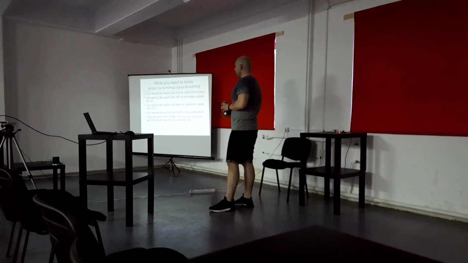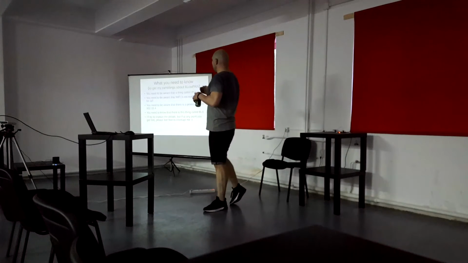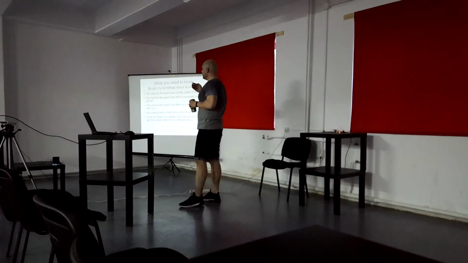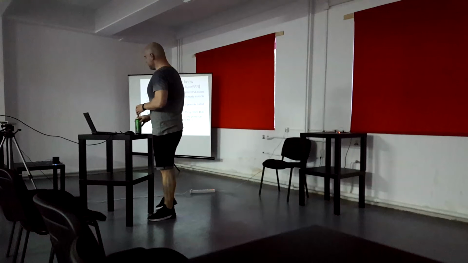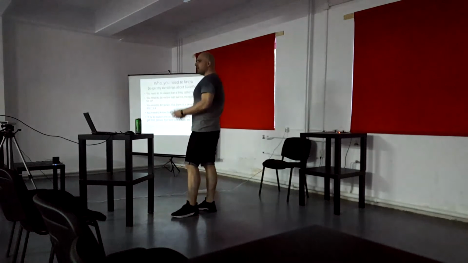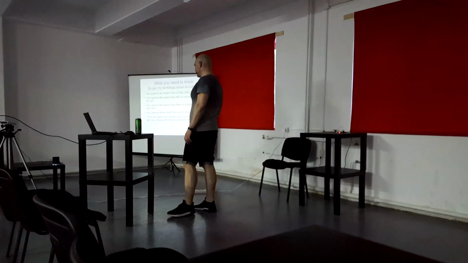The things you need to know about 6LoWPAN is that there is a thing called IPv6, and this is ubiquitous in the sense that we have enough IPv6 addresses to address every atom in the universe.